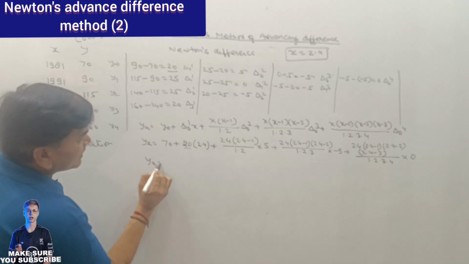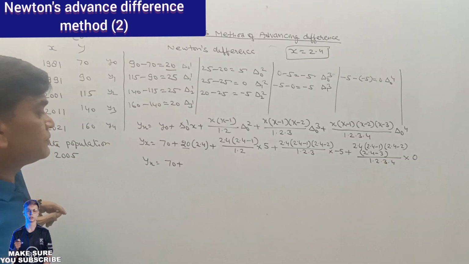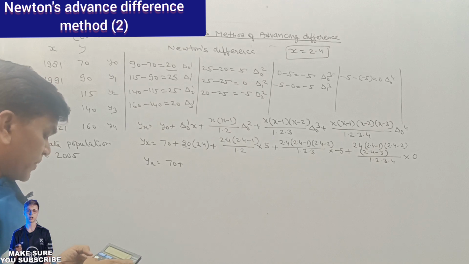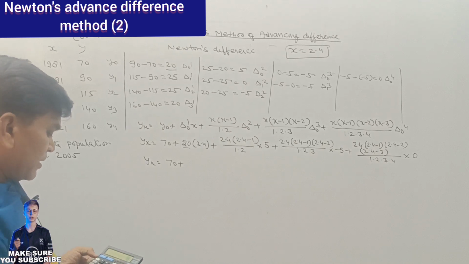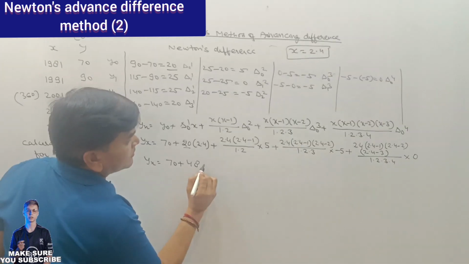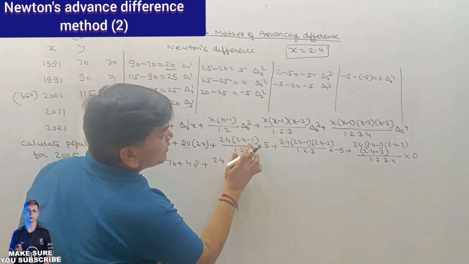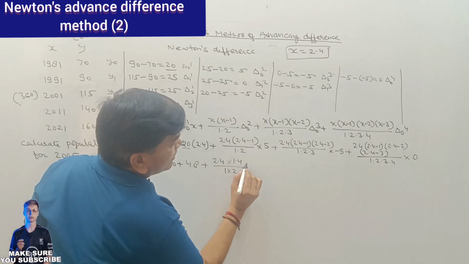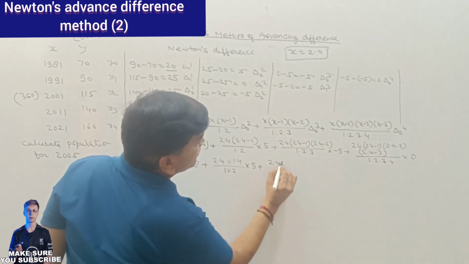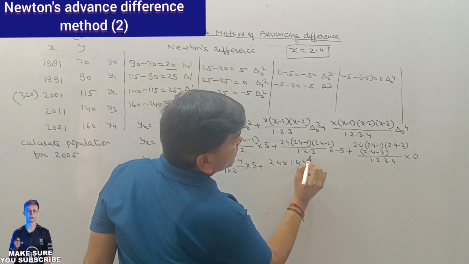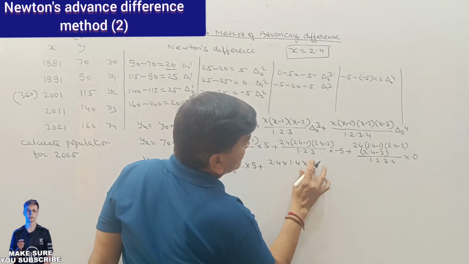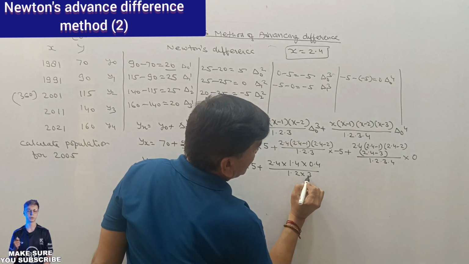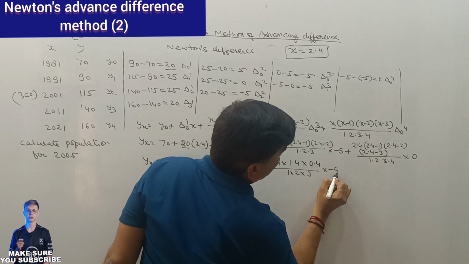So yx is first 70, plus 20 multiply 2.4, that is 48, plus 2.4 times 1.4 divided by 1 multiply 2, multiply by 5, plus 2.4 times 1.4 times 0.4 divided by 1 multiply 2 multiply 3, multiply minus 5, and the last term is 0.